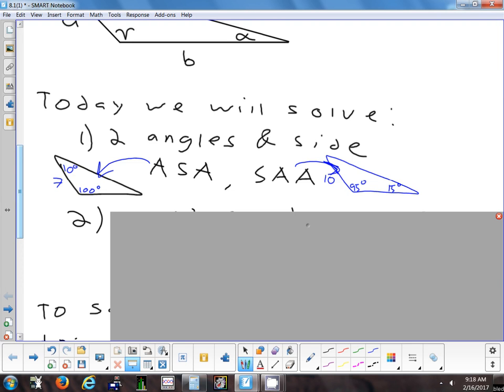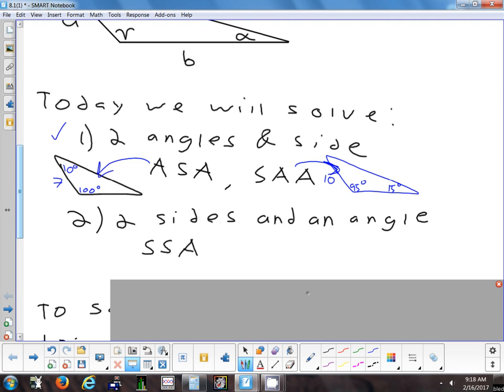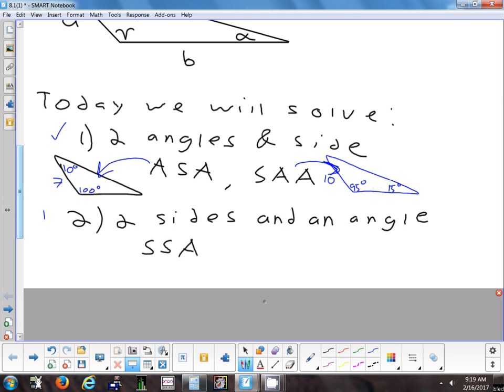Right, so if you have two angles and a side, this is one of the kinds of problems that we use law of sines for. The other type is if I give you two sides and an angle. That would look something like, let's say this is 6, this is 12, and this is 20 degrees.